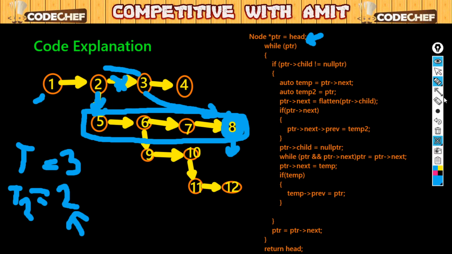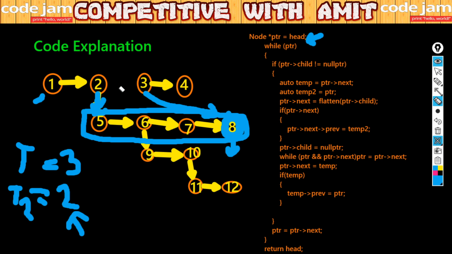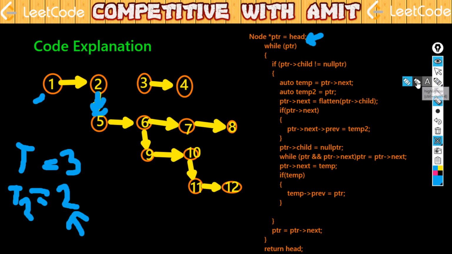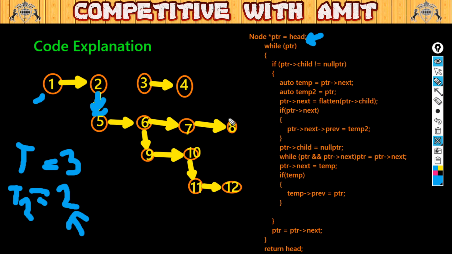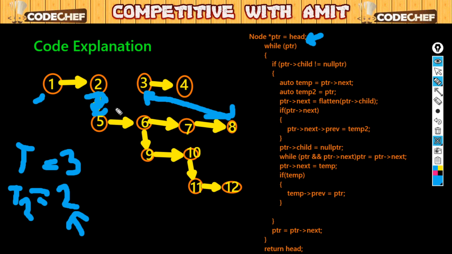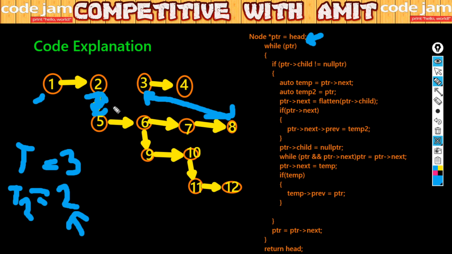After we do all these things, one more thing will happen. This will be pointing to this, and this will be pointing to this. So after the first iteration or first recursion, this will be formed.